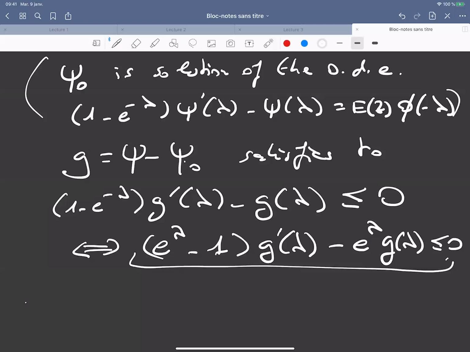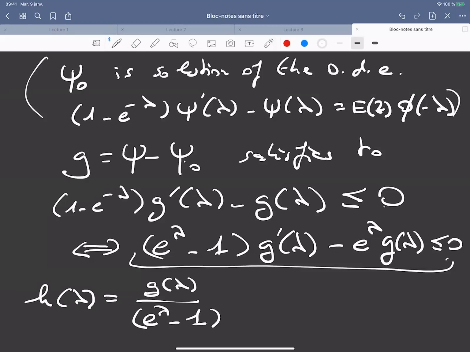And now you define h of lambda equals j of lambda divided by exponential of lambda minus 1. You divide by the solution of the homogeneous ordinary differential equation, which appears here.